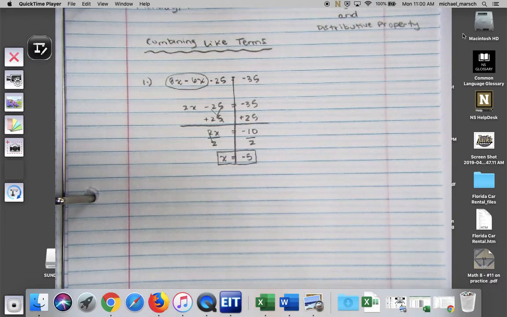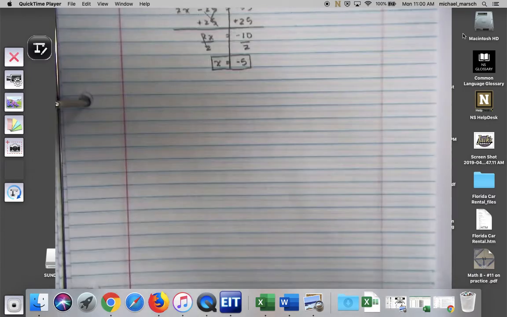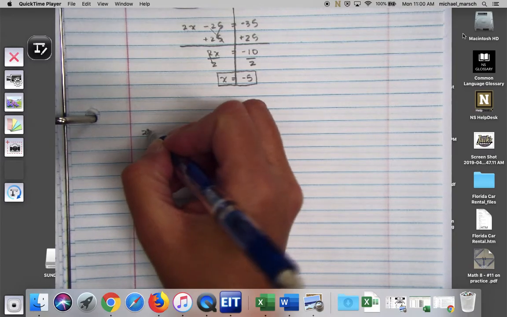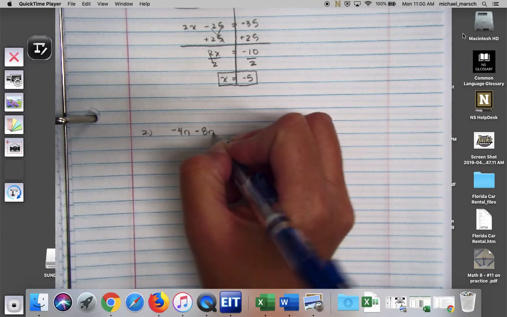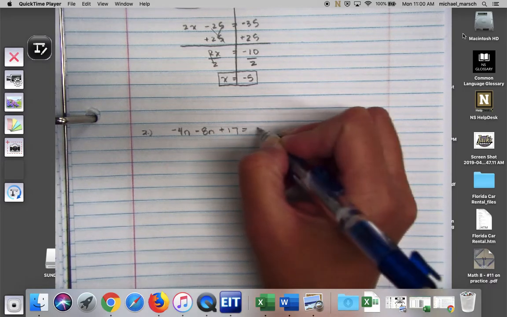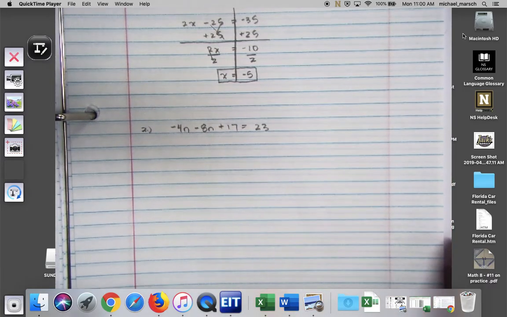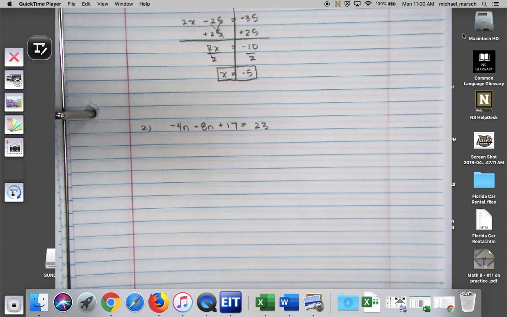So we're still using those skills from before break, our inverse operations. We're just now adding a layer on with combining like terms. Okay. Let's try another one. Negative 4n minus 8n plus 17 equals 23.